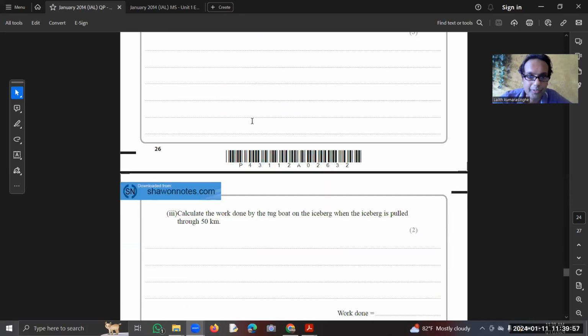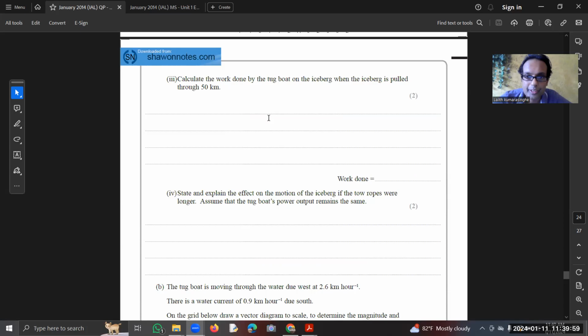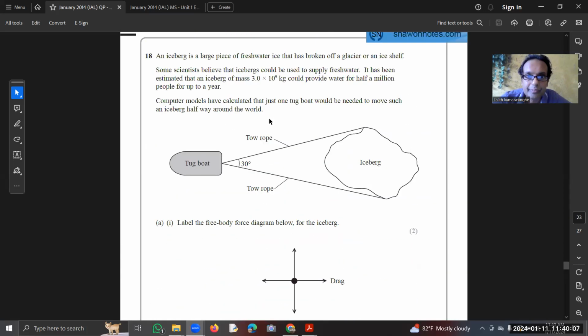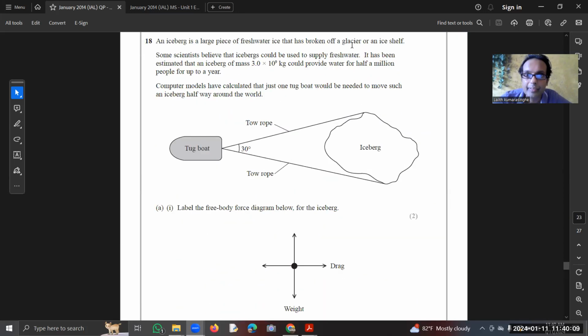So if the power remains the same, then this forward force, whatever it was, remains the same. You see, this is 100 Newton. If this is 100 Newton, now we say this is 30.